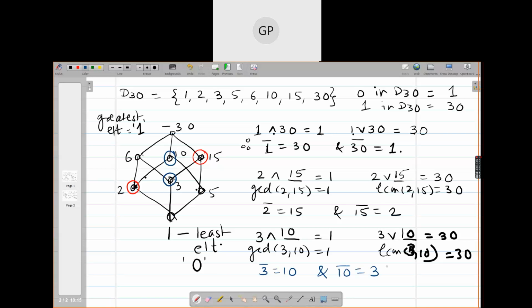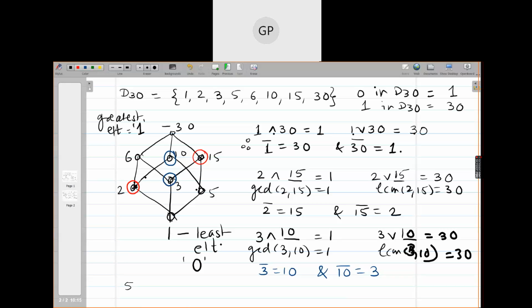अभी कौन से बचे? 5 and 6. The elements 5 and 6 are remaining. What is the complement of 5?